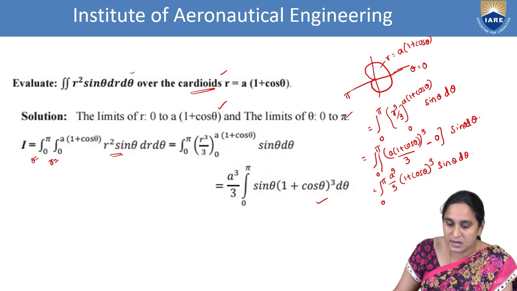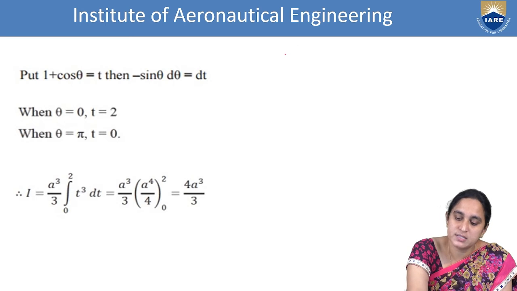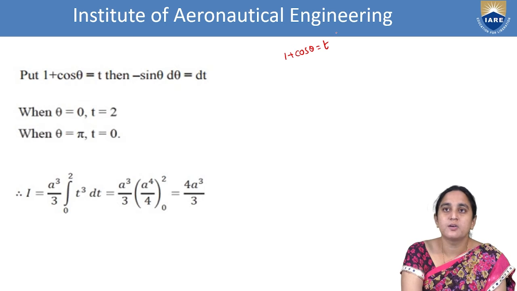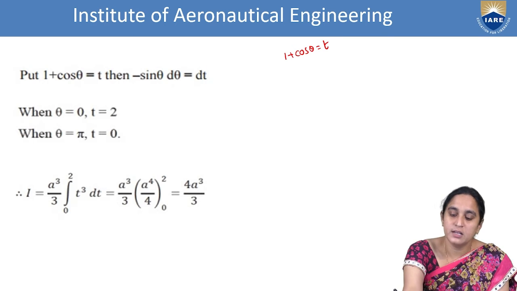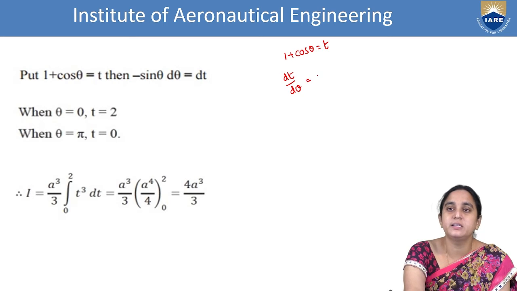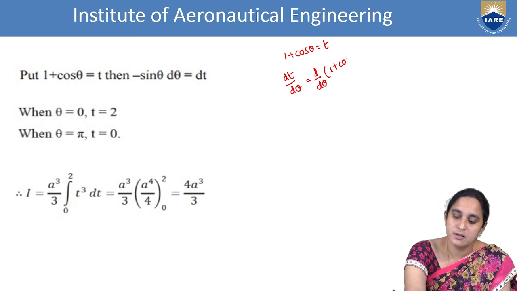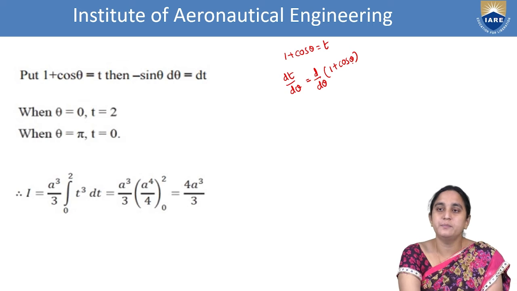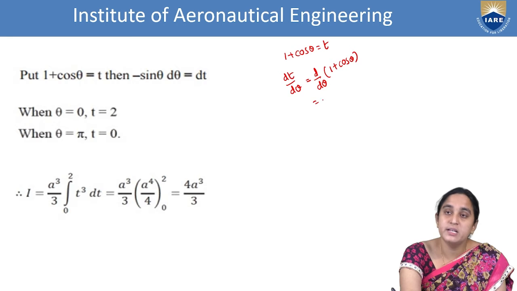Let us assume 1 plus cos theta as t. 1 plus cos theta is equal to t. Then dt by d theta is equal to d by d theta of 1 plus cos theta, which is d by d theta of 1 plus d by d theta of cos theta.